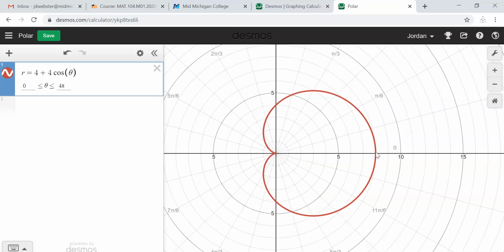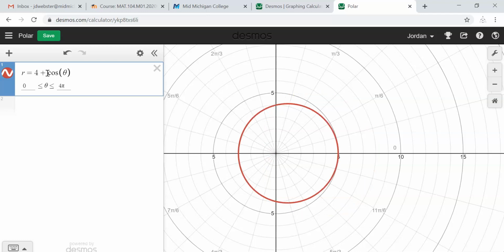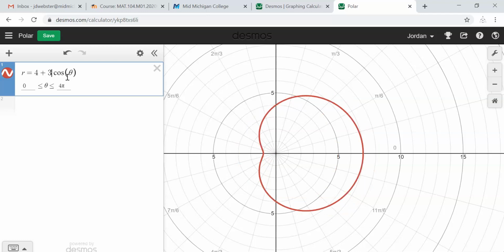So what happens is it starts here, goes around, hits this point, and around again. And if the coefficient on the cosine becomes less, let's call it a 3, you'll see that it dimples a lot less. By the way, this is called a dimpled limacon, basically.